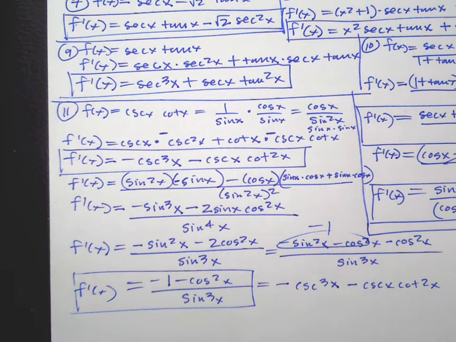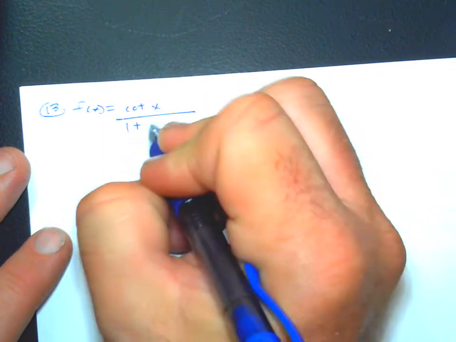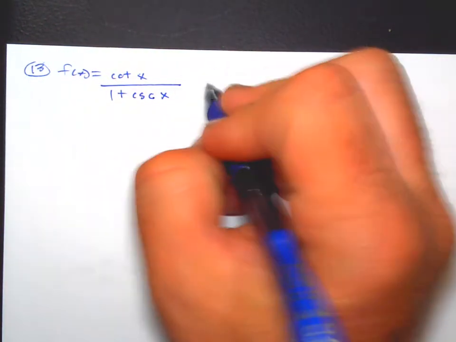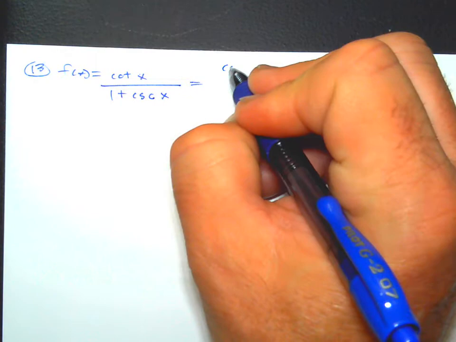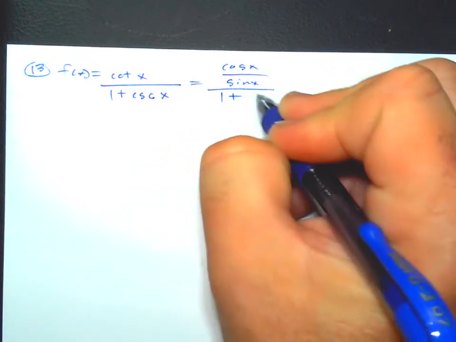Okay, let's see. Got a couple tough ones on this next page. 13. So we could just try and tackle it straight on like that, or say cotangent is cosine over sine and cosecant is 1 over sine.